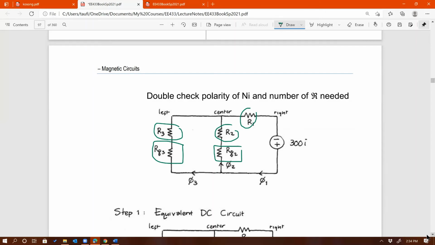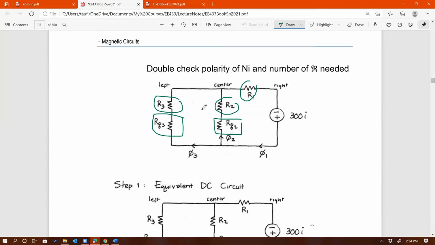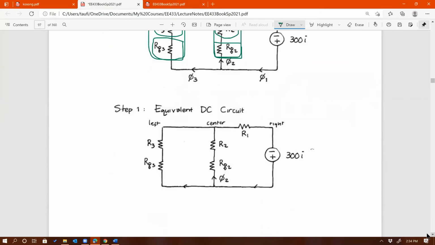I'm not going to go through this example, but once you realize that it's just another reluctance, then you can just add them up. Then this becomes just 1 R, and the center one becomes just 1 R. Then it's going to be the same exact problem as the previous example. See that?